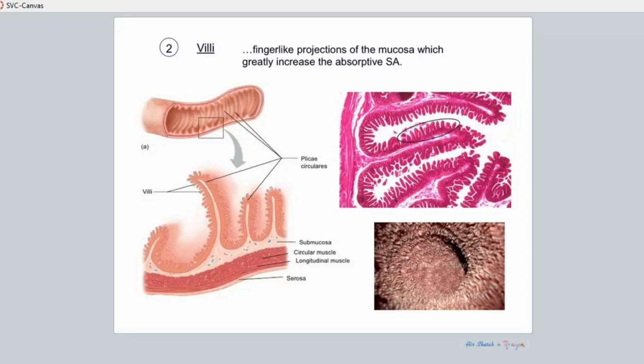So this right here is a circular fold, and then you have all these villi that are projecting out from it. Same thing goes right here. You have all these villi that are projecting out from these circular folds.